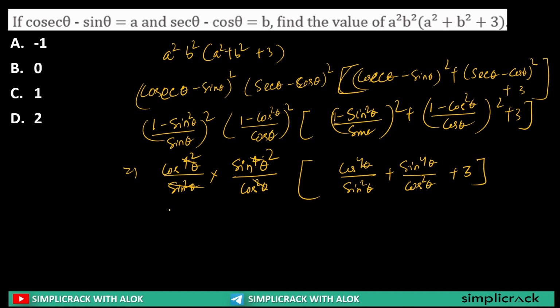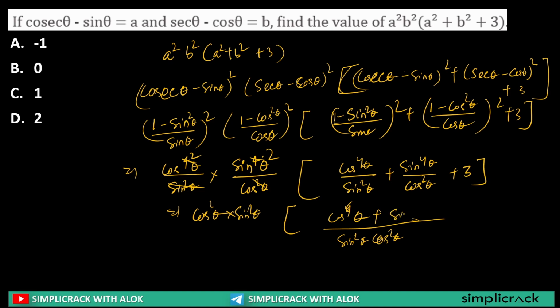Correct? Yes sir, correct. Now here, cos square theta into sin square theta multiplied by the total, sin square theta into cos square theta, cos 6 theta plus sin 6 theta plus 3 cos square into sin square.